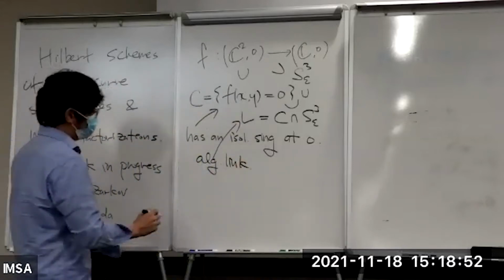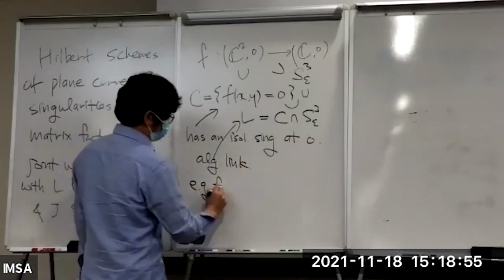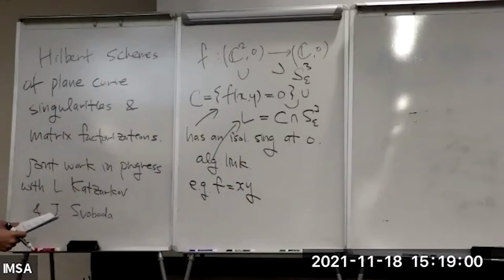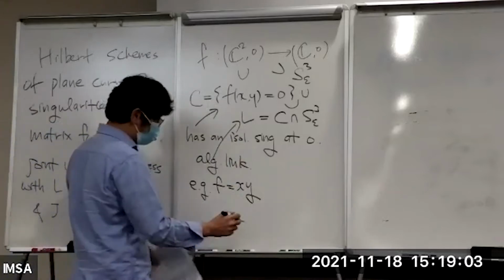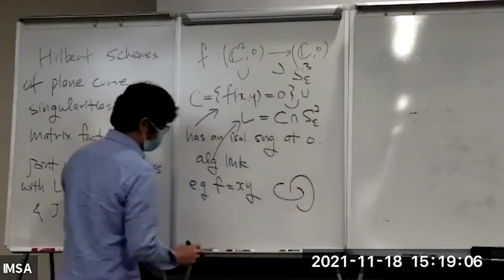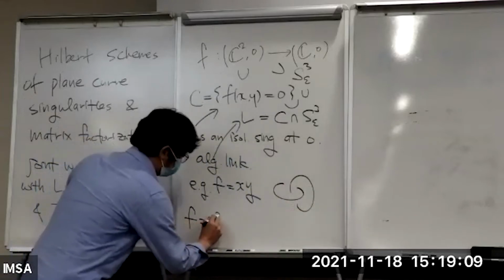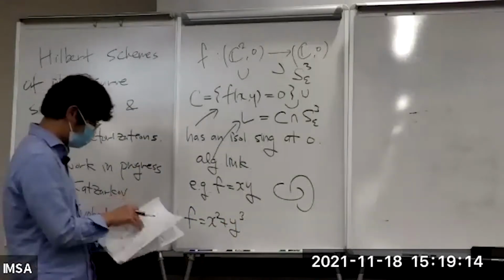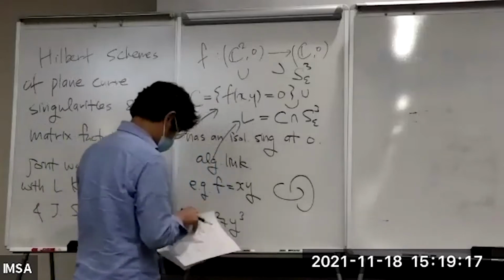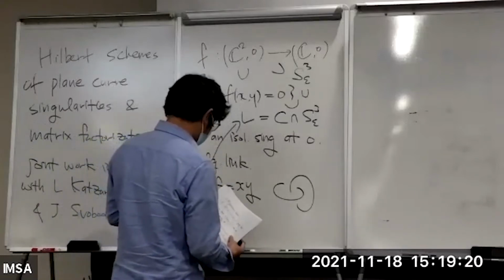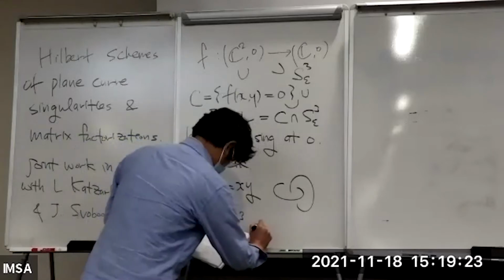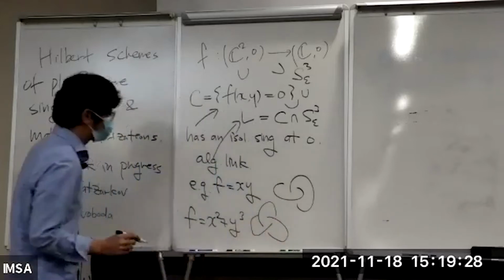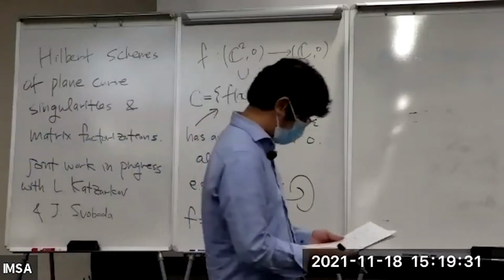So for example, when f is xy, it has an isolated singularity at the origin, and this link is the famous Hopf link, and when f is x squared plus y cubed, then this gives me the famous trefoil.